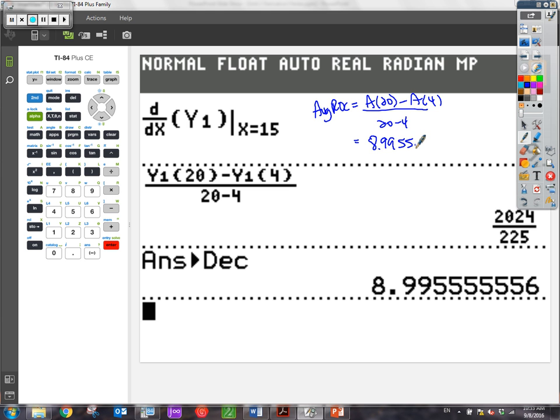I'm just going to write to the 10,000th, which you're allowed to do. And I'm going to put my rate, which is gallons per hour. So this is what you're required to write on your paper. If you don't write that part, you're not going to get credit for your answer. That's just showing the formula. Are we okay? Yes? All right.